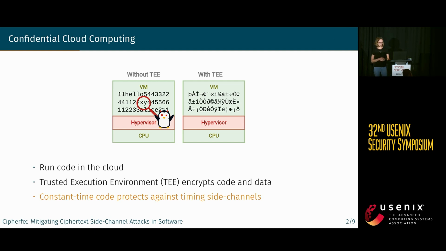The trusted execution environment still has side channel leakage, so we use code that is protected against timing side channels. This means that we will always execute the same instructions. We don't have any secret dependent memory accesses or secret dependent branches. So at this point it should work like a charm, but still the attacker can do something with these ciphertexts.